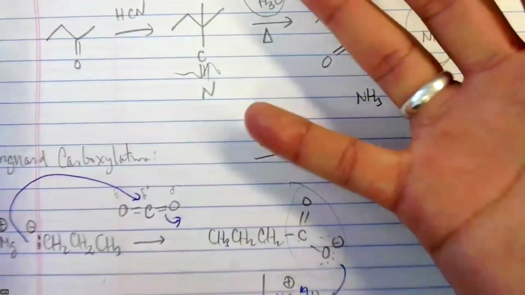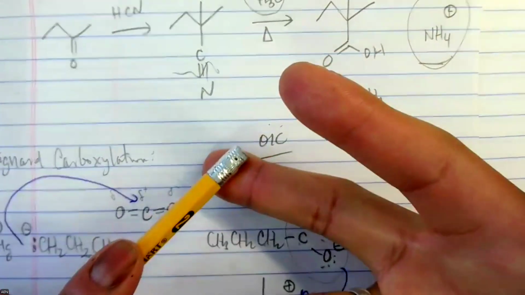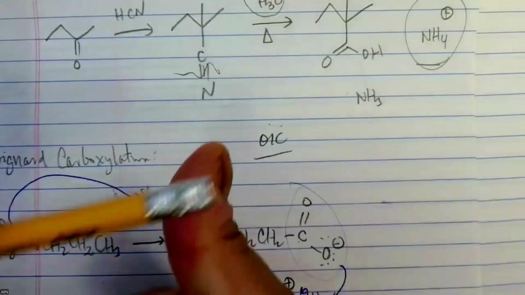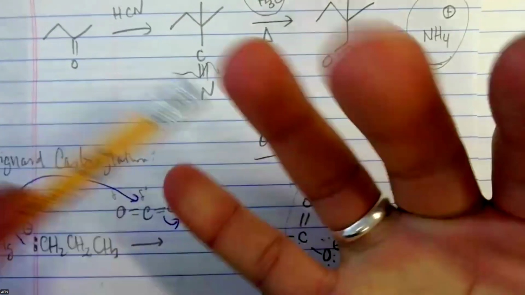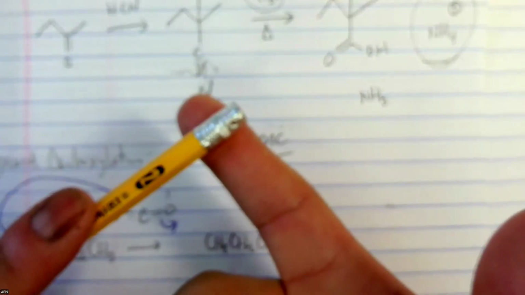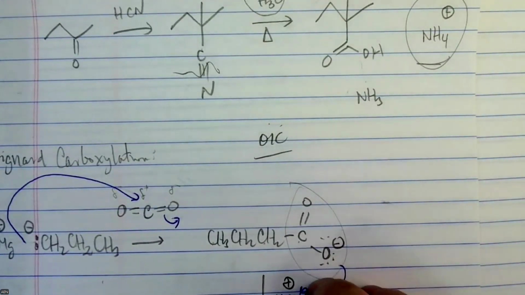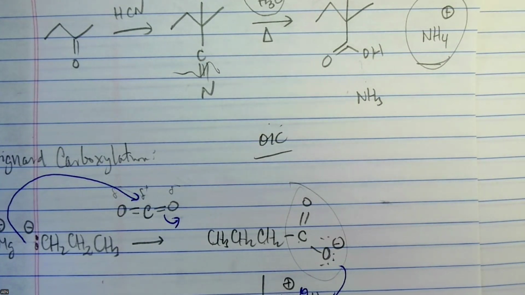About the naming, the ending is oic acid. So it would be methanoic acid, ethanoic acid, propanoic acid, butanoic acid, pentanoic acid, hexanoic, heptanoic, octanoic, nonanoic, right? And then carboxyl groups will always have the priority, will always be terminal, same as the aldehydes. So they will always be at the very top of the list in terms of priorities.